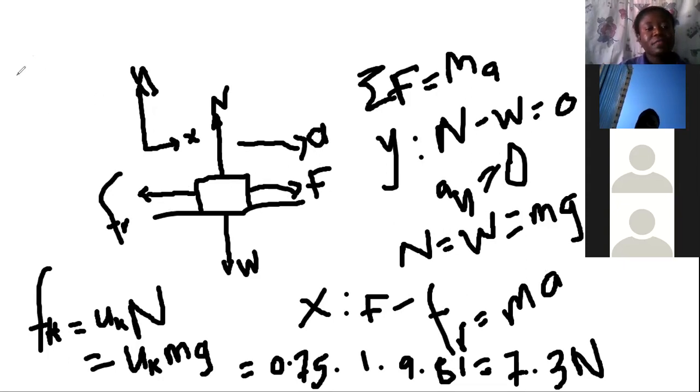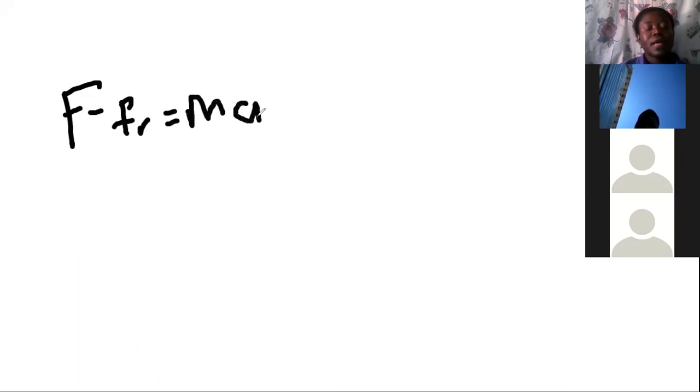Let me say the acceleration is always less than the force of the gravity. Let me say the acceleration is equal to 2. Then from the equation in the x direction, we have that force minus the friction force is equal to the mass of an object times the acceleration.